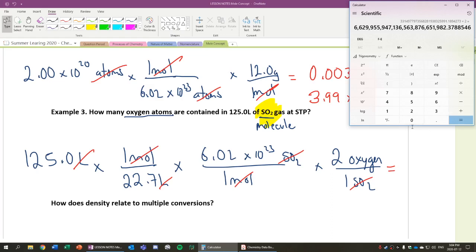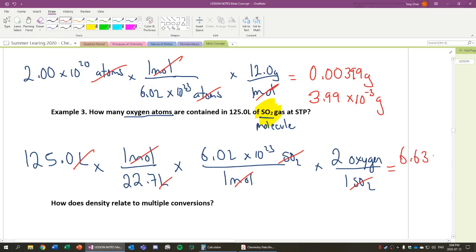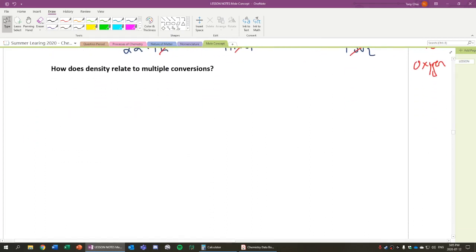And what I'm going to get here is 6.630 times 10 to the power of 24 oxygens. Okay, so that is how we solve for this case. We've got to make sure we know in one molecule there's 2 oxygens in this case, because the species you're talking about is a molecule. Then how does density relate to this?